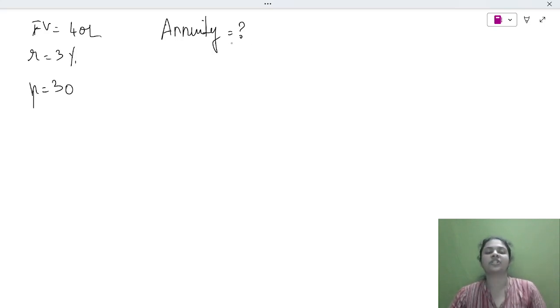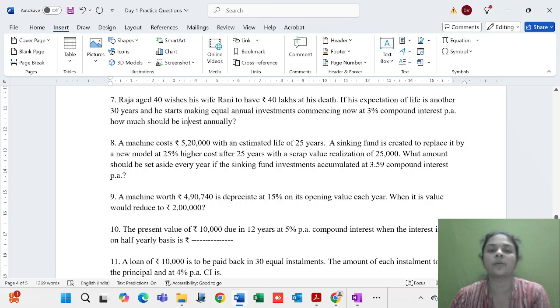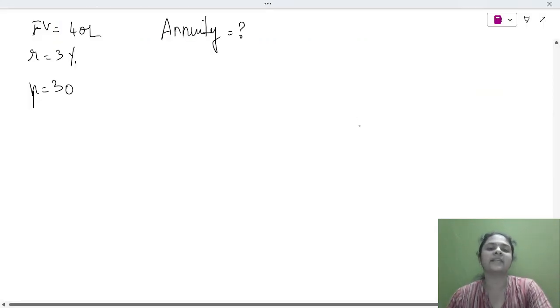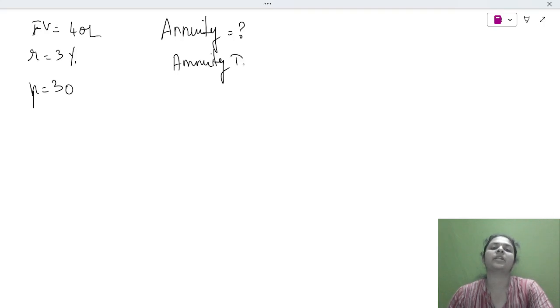Now, next question, annuity due or annuity regular? Answer lies in the question itself. He starts making equal investments commencing now. So first investment commences immediately. Immediately means beginning of the period, correct? So beginning of the period, now what is it called as? Annuity due.